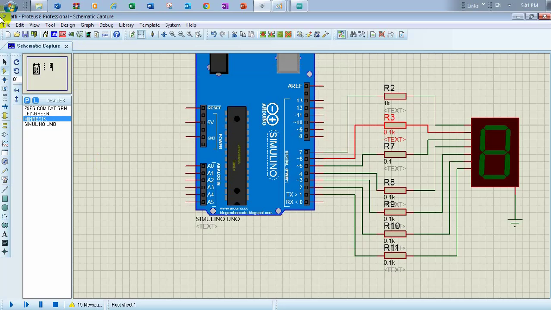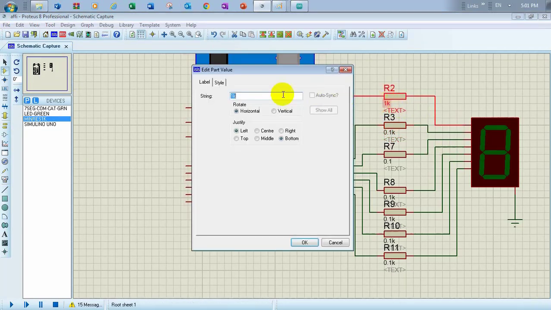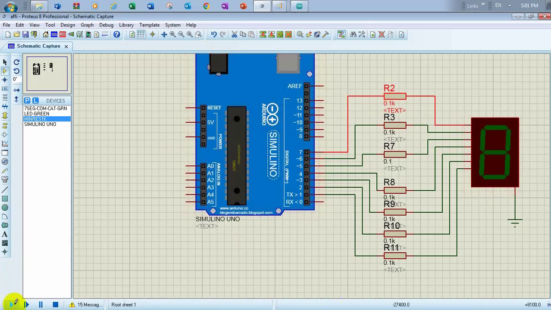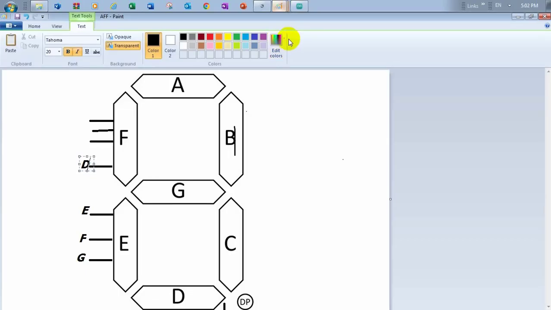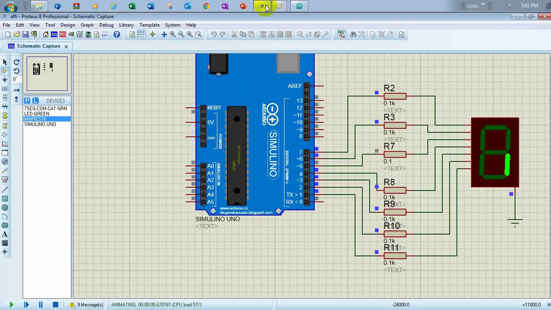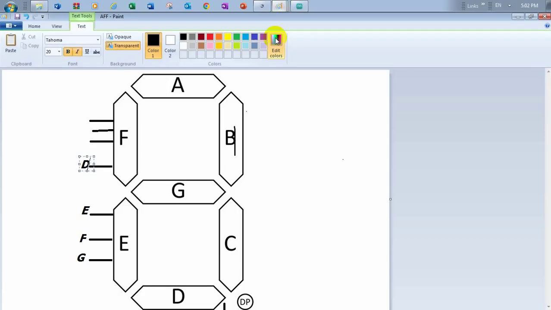Also here, and we do the test. Yes, for this pin is connected to this segment. Okay, that means it's C.